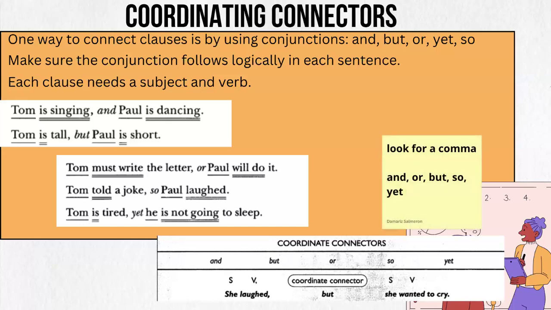When we have the coordinating conjunction or connector in the middle, you must always look for the comma. Tom is singing, comma, and Paul is dancing. Tom is tall, comma, but, comma, or, comma, so, comma, yet.